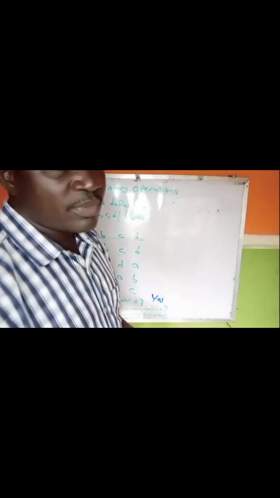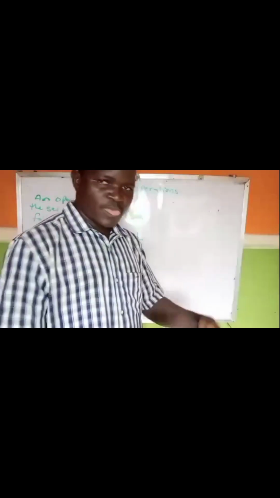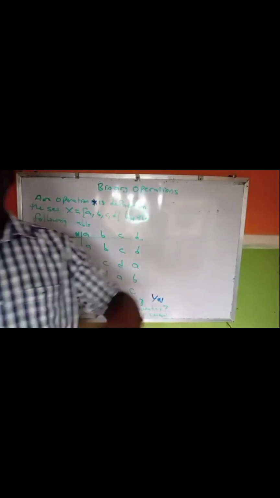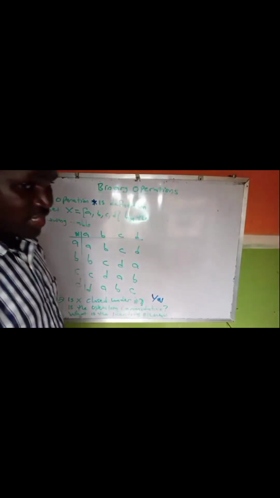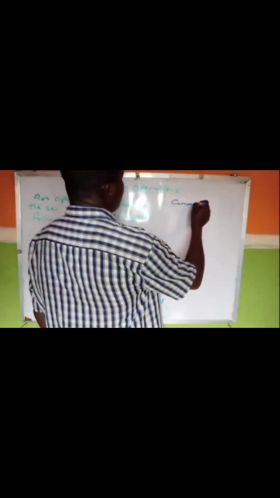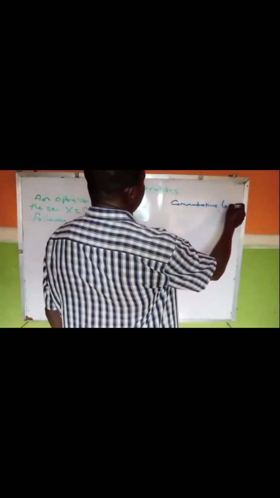Again, he said, is the operation commutative. Now, here they are talking about commutative. We have the commutative law, the associative law, then the distributive law. There are more laws than that. We have the idempotent law, De Morgan's law, and the like. So what you have here is whether an element is commutative.